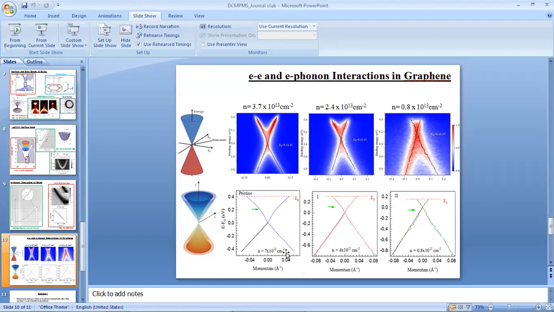I generally know that electron-phonon interaction is symmetric with respect to the Fermi level. But here there is a clear asymmetry in the interaction between these two bands, with the top and the bottom.